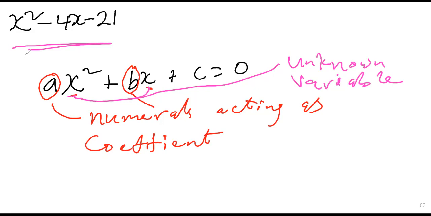And what makes it quadratic is the reason that it has the highest power of 2. So the power right here is always 2. That is what makes it quadratic. Okay. So the highest power is always 2.